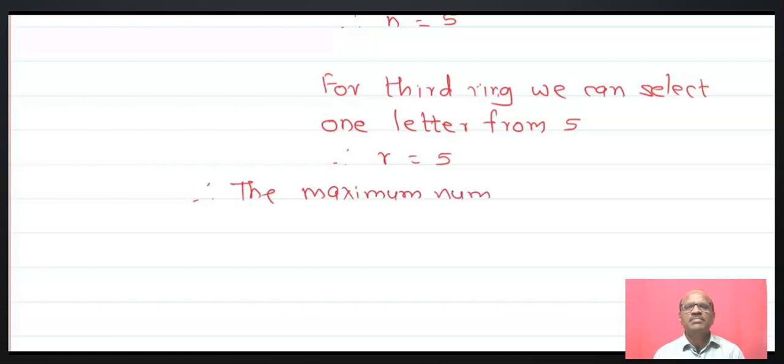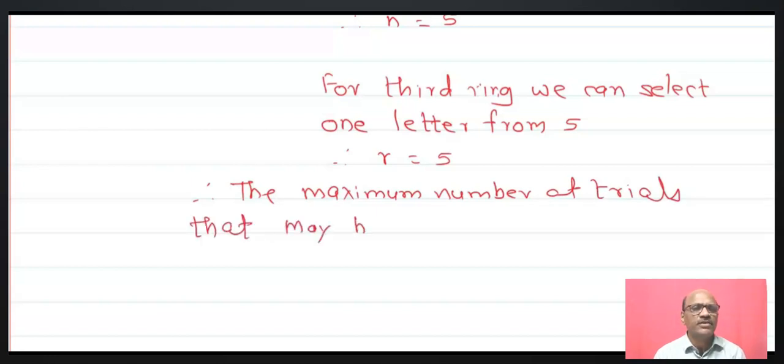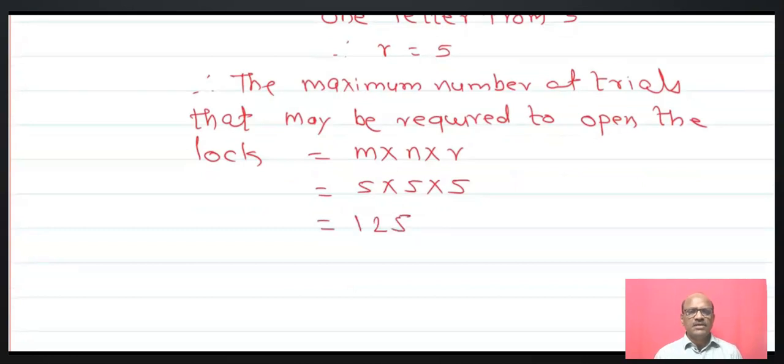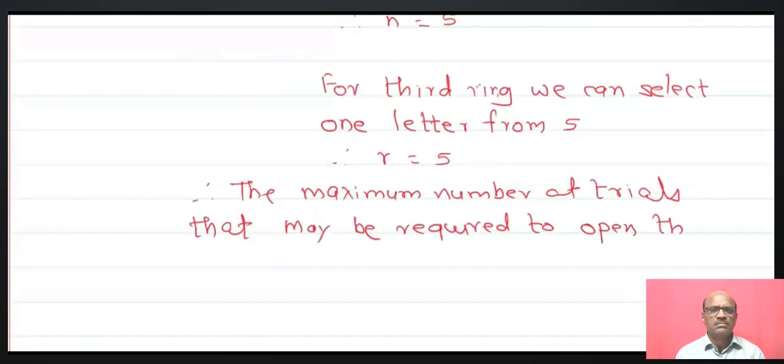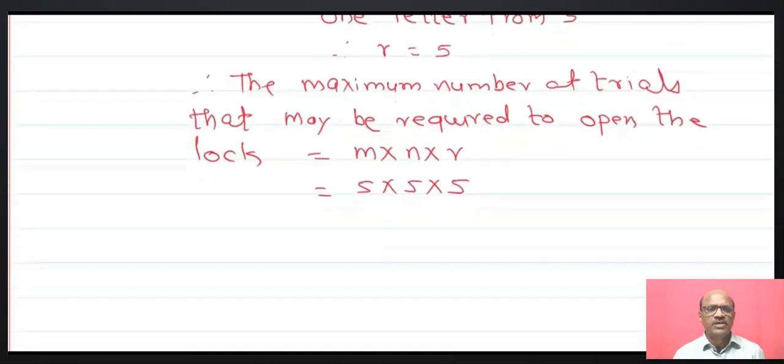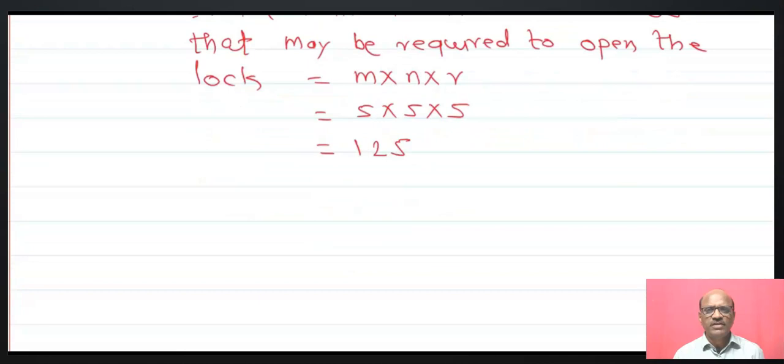And therefore, the maximum number of trials, how many trials will there be, m into n into r, that is 5 into 5 into 5. Therefore, the maximum number of trials that may be required to open the lock is m into n into r, that is equal to 125.